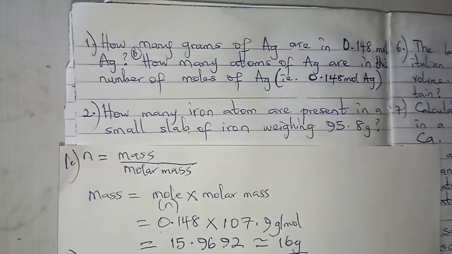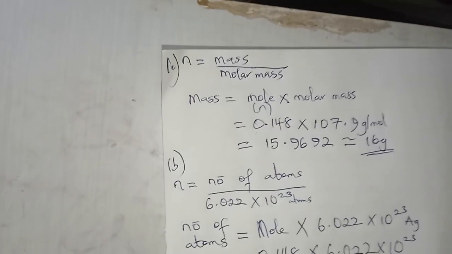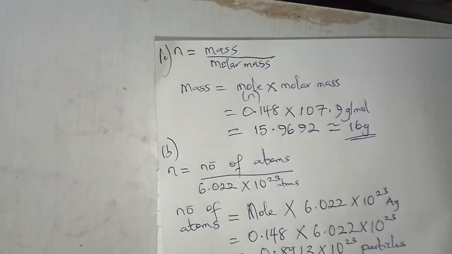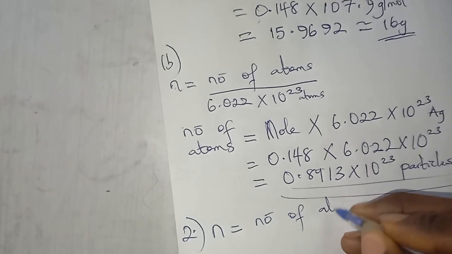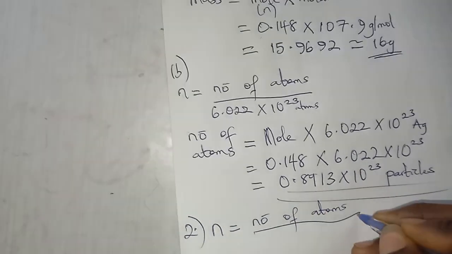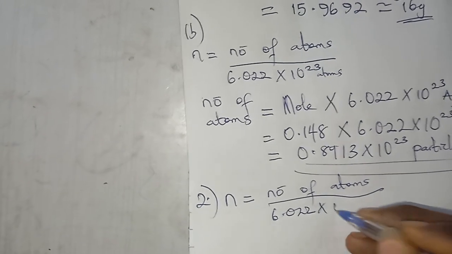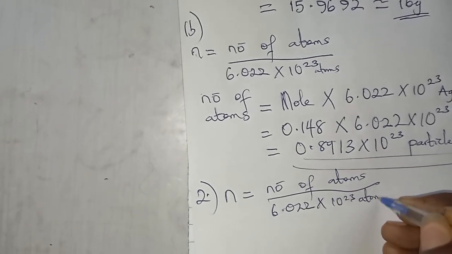How many iron atoms are present? Asking how many iron atoms simply means number of atoms as well. So remember that n is equal to number of atoms all over Avogadro's constant, which is 6.022 times 10 raised to the power 23 particles, or you say atoms.